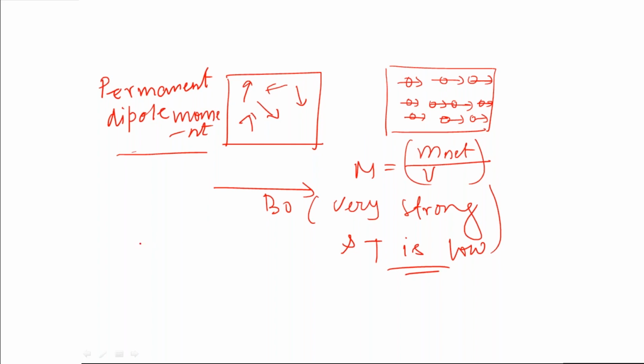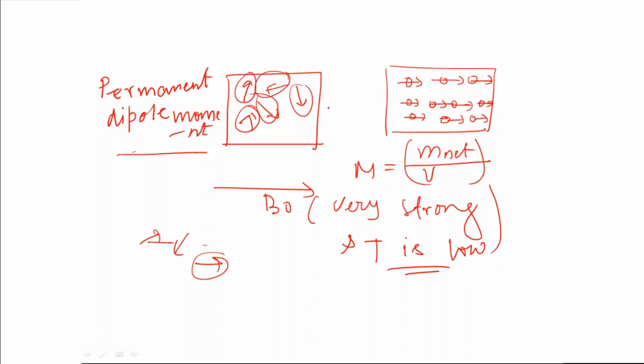So you can understand that paramagnetic materials have permanent dipole moments. But because of thermal motion, they are oriented in very random directions. And one more thing is that they don't cooperate with each other. These dipole moments don't talk to each other, they don't have any relation. If one is in this direction, another doesn't care whether it is in this direction or any other direction.